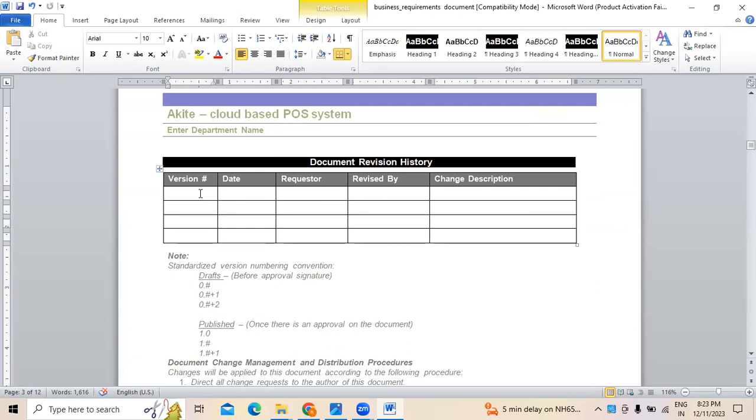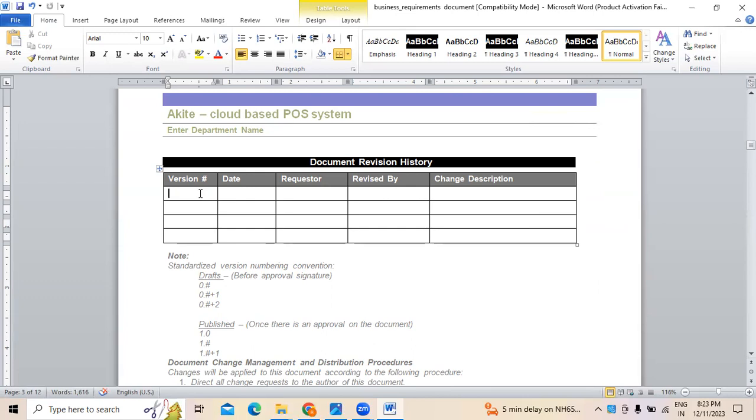Document revision history means whenever we are working on the project, there are some changes we might require to make in future. Let's say, for example, some new features or functionalities are added, or some other changes are made in the existing project.